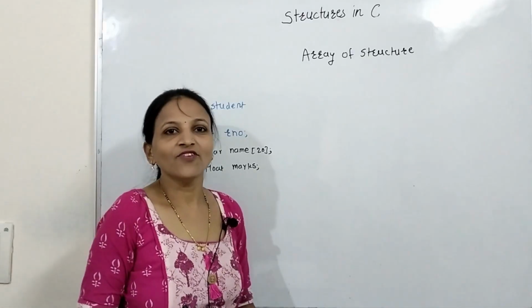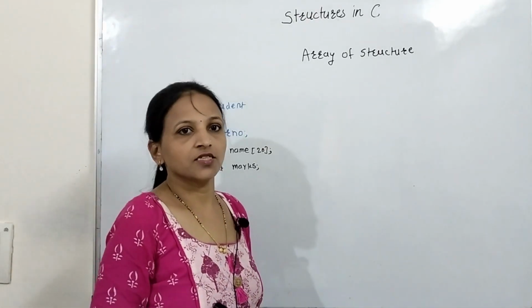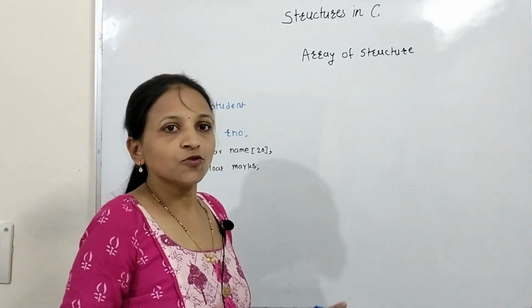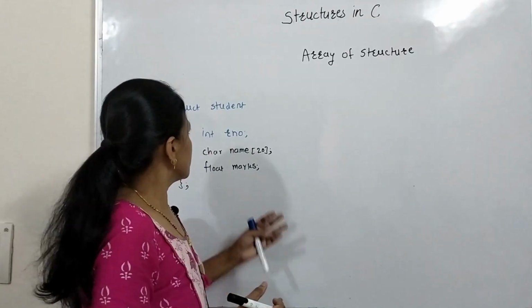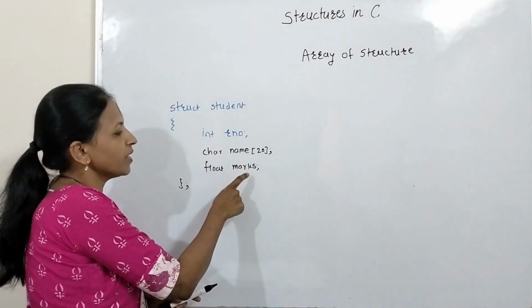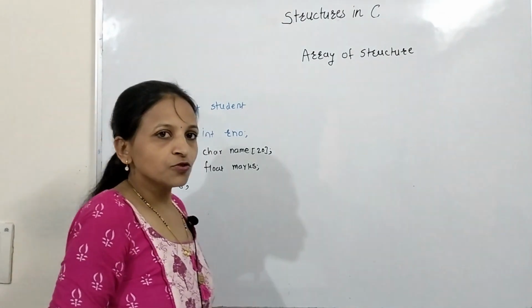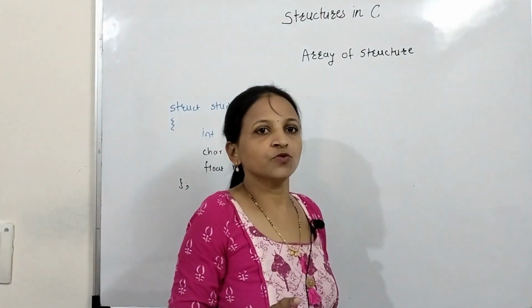Getting? Now I am going to explain the next point, that is array of structures. Array means what? It is a group of same kind of data elements. Here I have created student structure. Roll number, name and marks. These are the three members of this structure. Now I want to store marks of any one student.